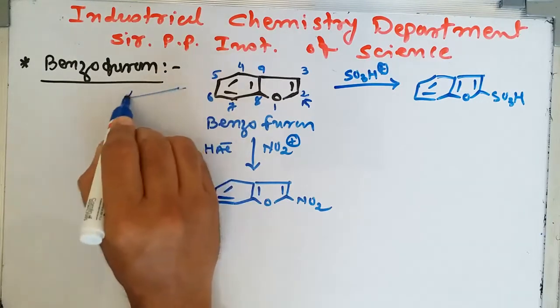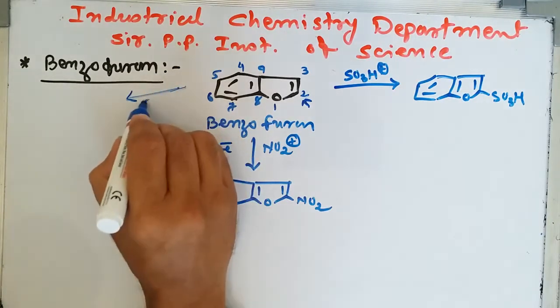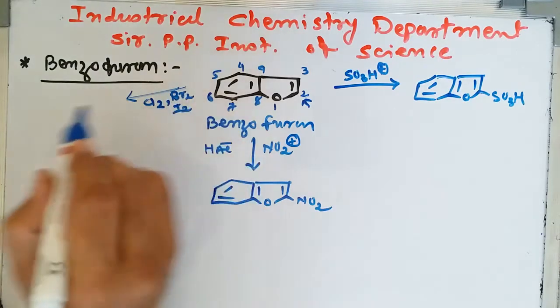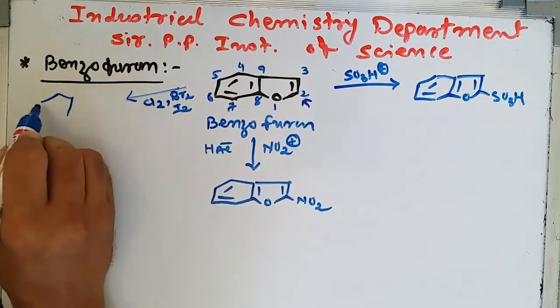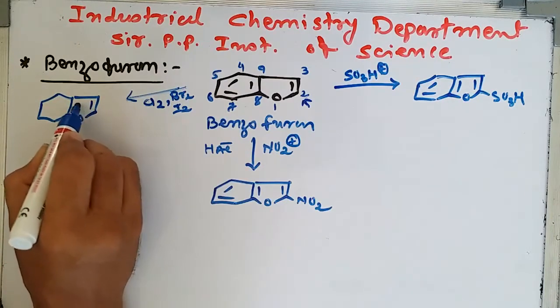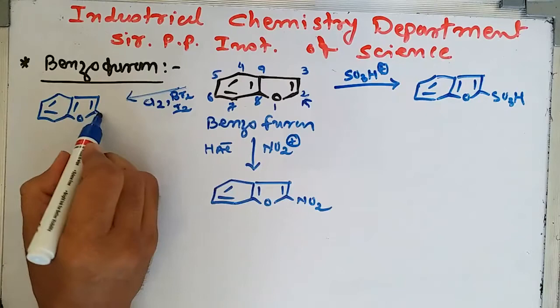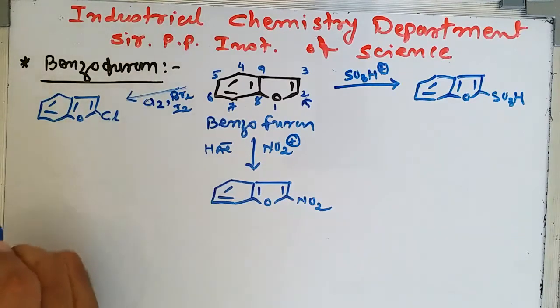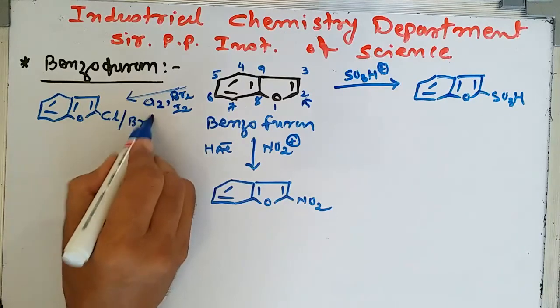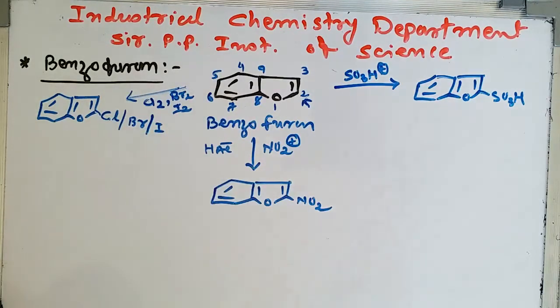Chlorination, halogenation takes place. Chlorine, bromine, iodine, etc.: the halo group is introduced at the second position. So 2-chloro, 2-bromo, 2-iodo benzofuran is obtained.